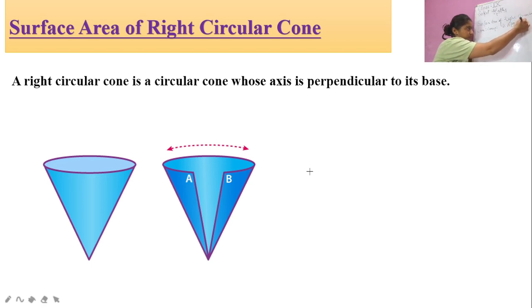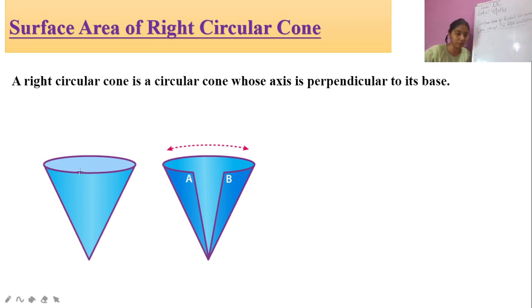Okay, so students, whenever we add something into the cone, we have to find out how much amount is there or how much we need to cover that outer part, right? So that way we find out the surface area for this right circular cone.